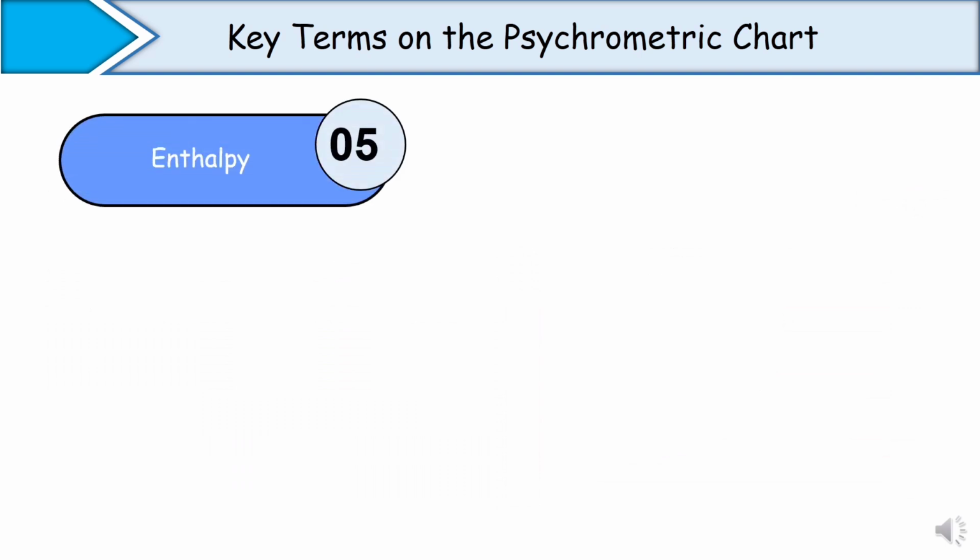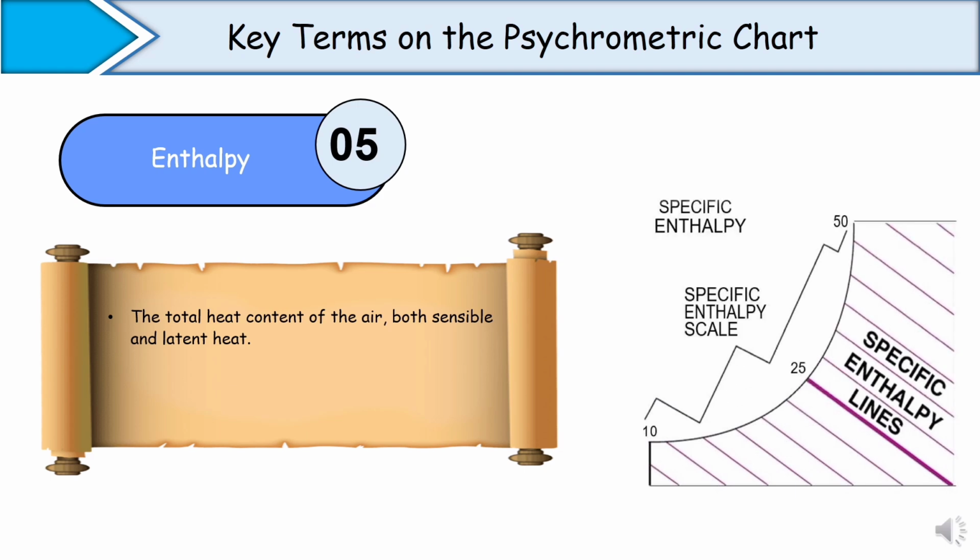Now the next term is enthalpy. So what is this? Enthalpy is the total heat content of the air, both sensible and latent heat. It is usually shown as a diagonal line sloping upward across the chart. Can you see?